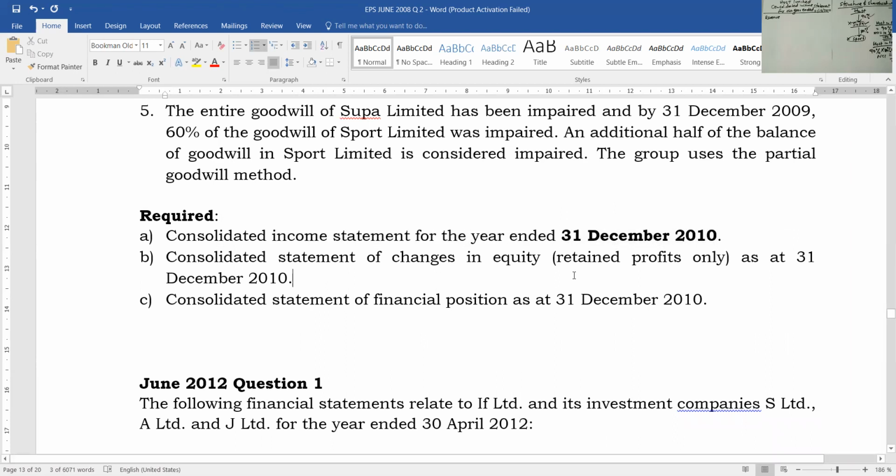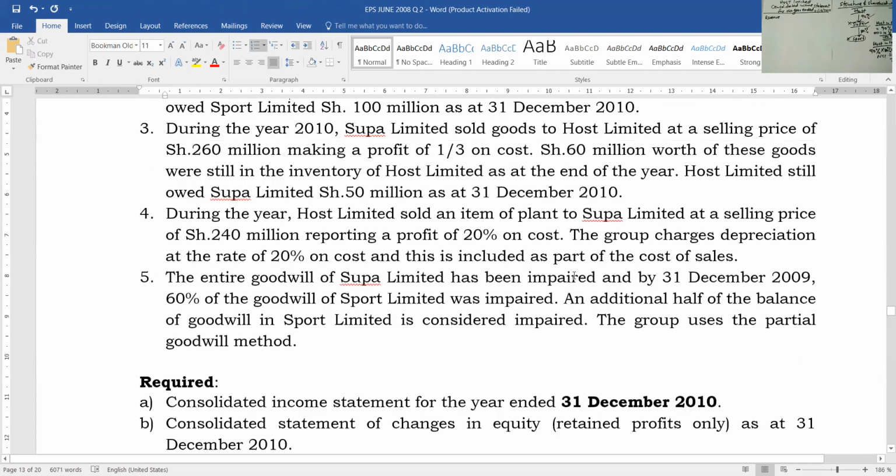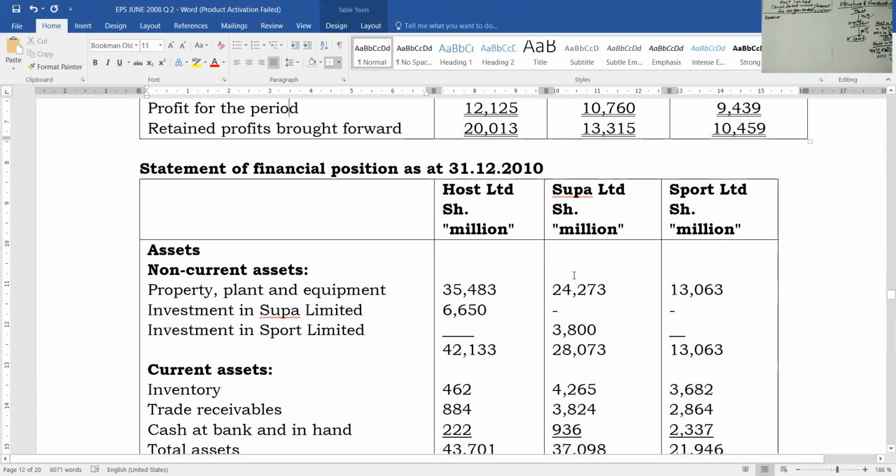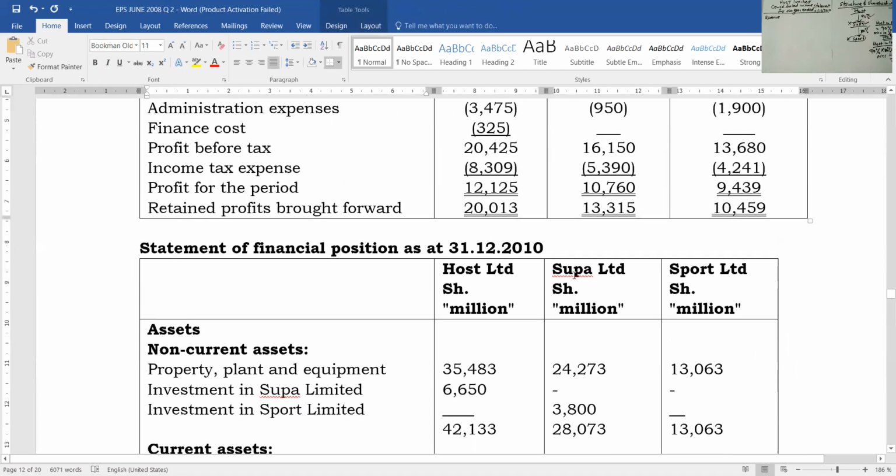Which means that both entities, the super and the sport, were present for the entire period, because they were acquired in 2005 and 2007. In the current year, 2010, when we are preparing our books, they were present for the entire year.